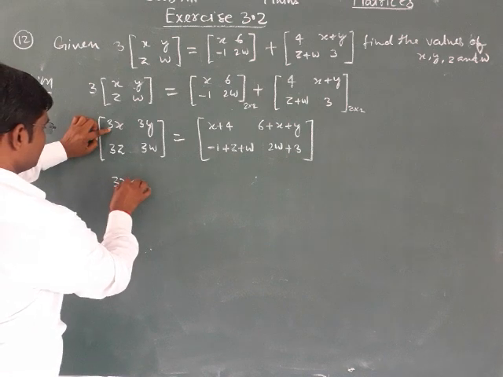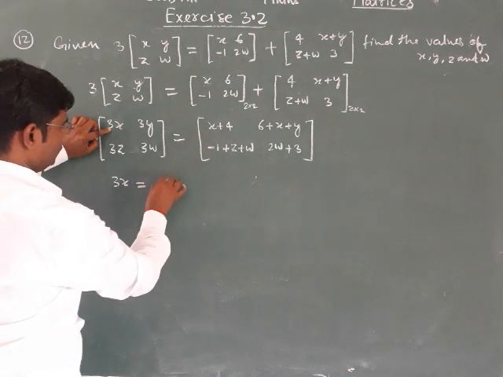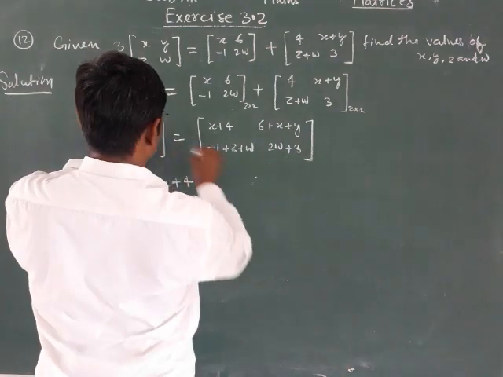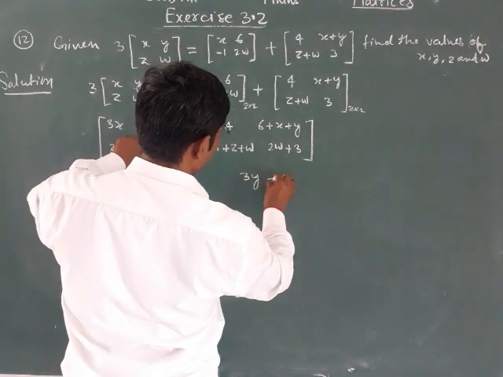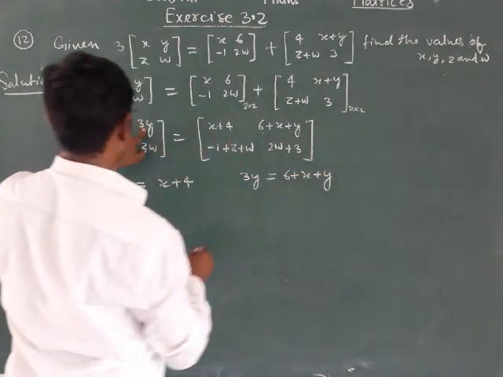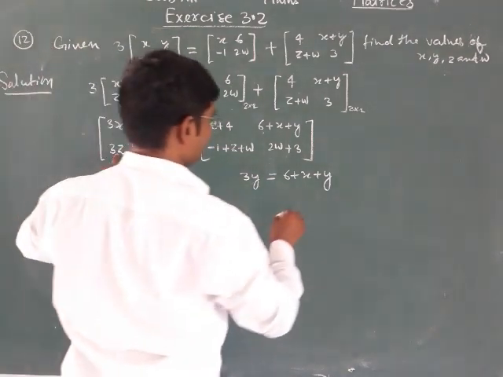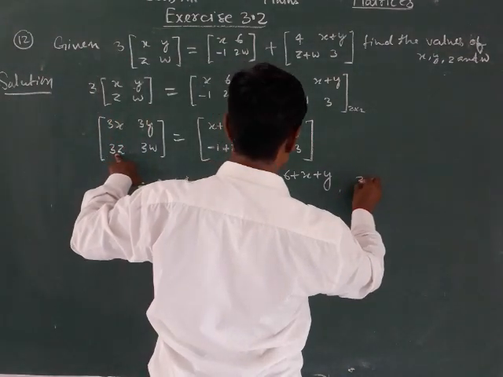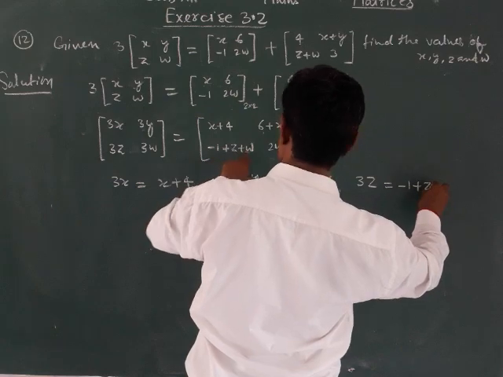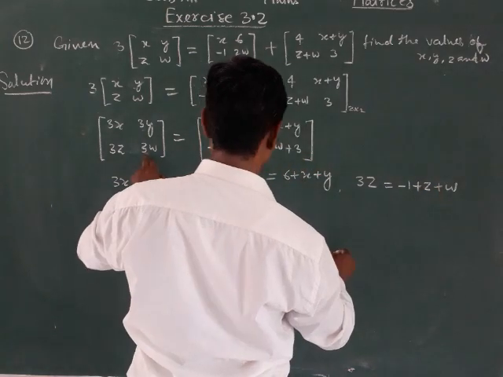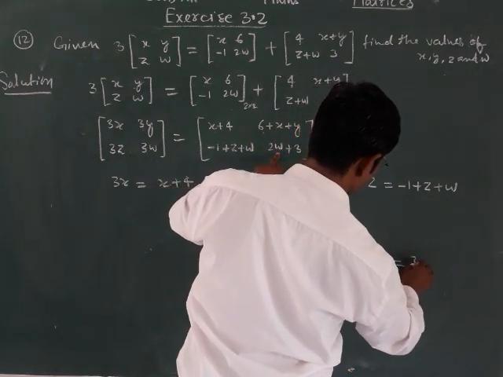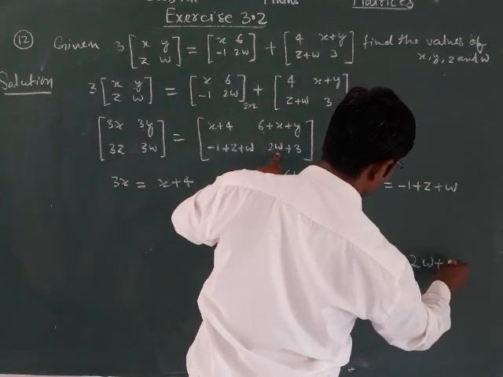So 3x is equal to x plus 4, and 3y is equal to 6 plus x plus y, and 3z is equal to minus 1 plus z plus w, and 3w is equal to 2w plus 3.